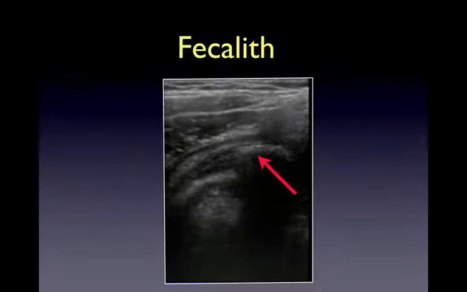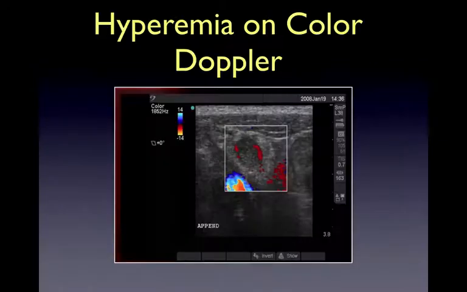This is a zoomed-in view of a fecalith in the distal appendix with shadowing. This is an inflamed appendix showing increased perfusion on interrogation with color Doppler.